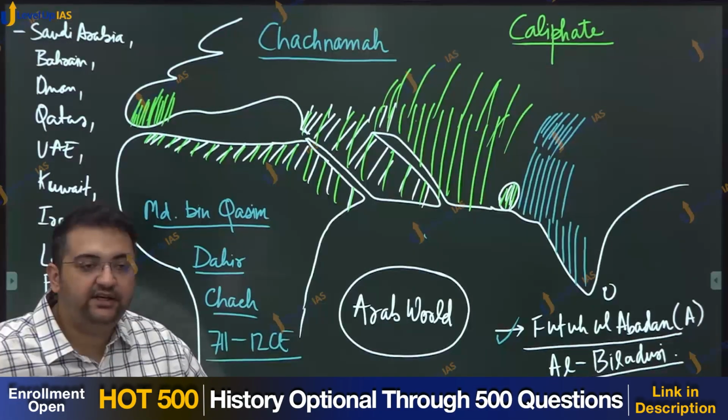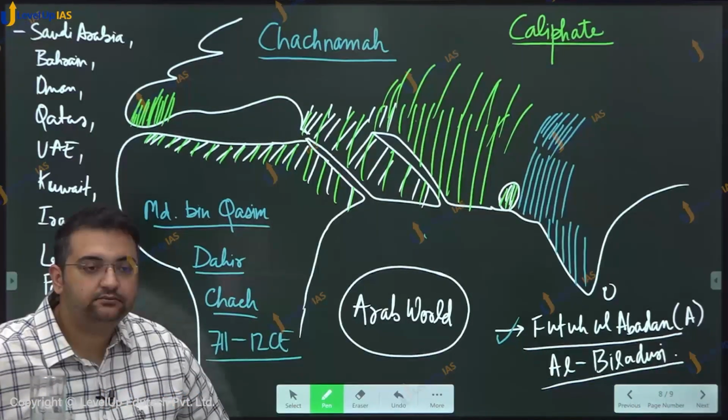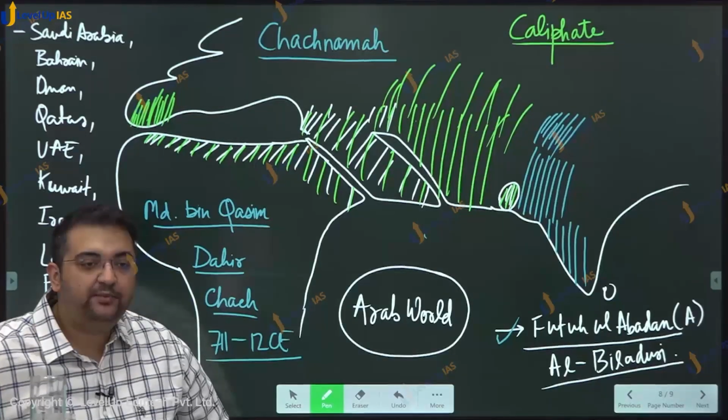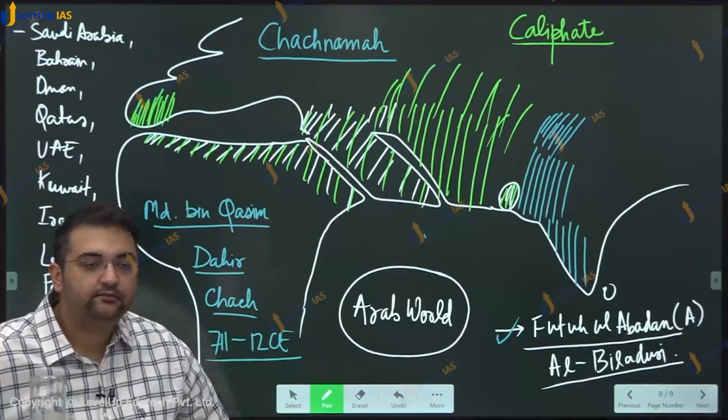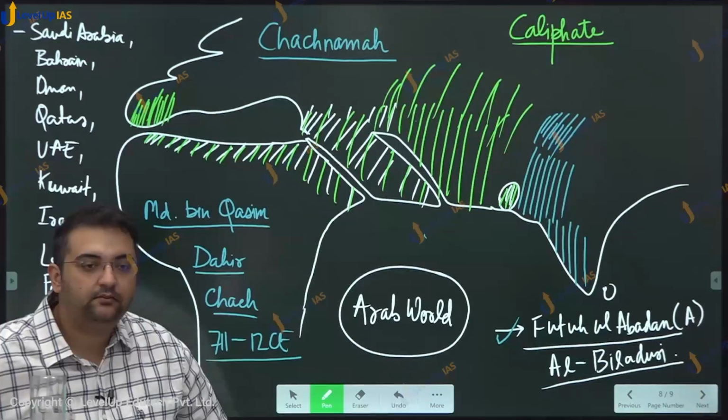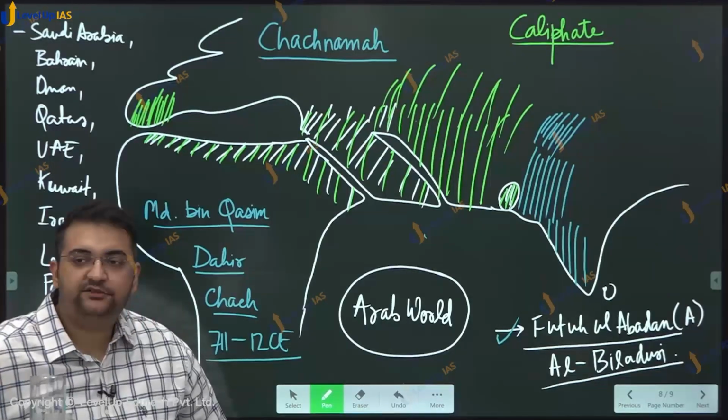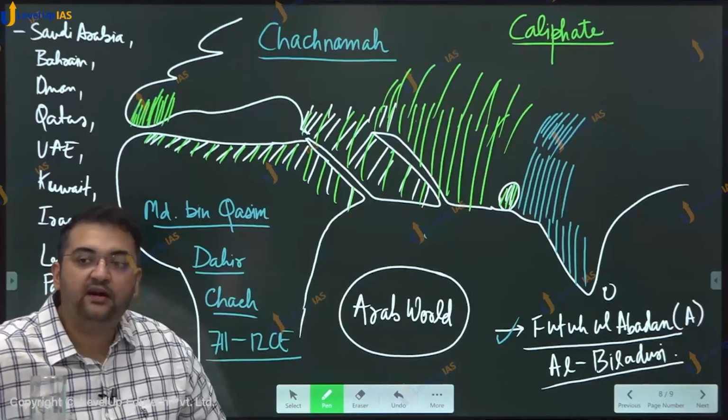The rule of the Chach dynasty has been portrayed as one of weakness, chaos, exploitation and misrule. ठीक है, तो the Chachnama informs us that before the Chach dynasty, a dynasty known as the Rai dynasty was ruling.